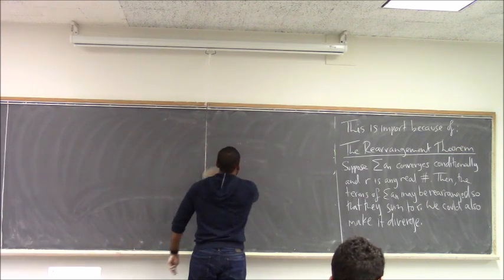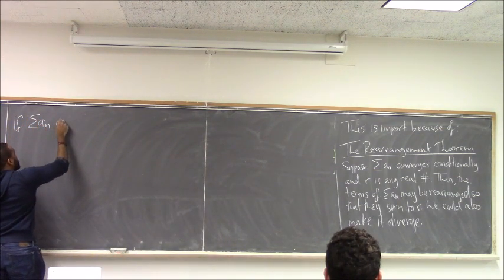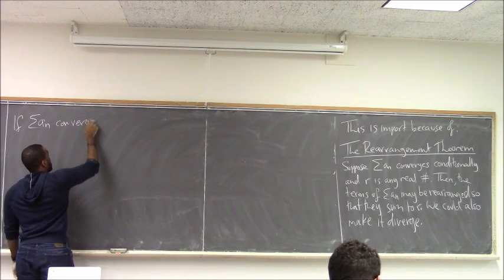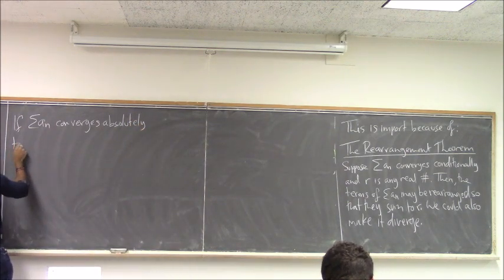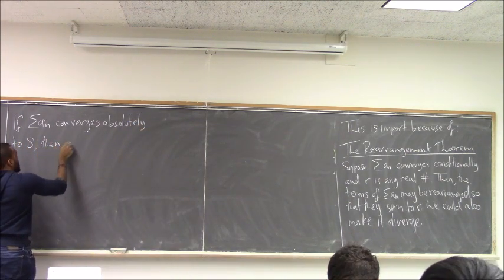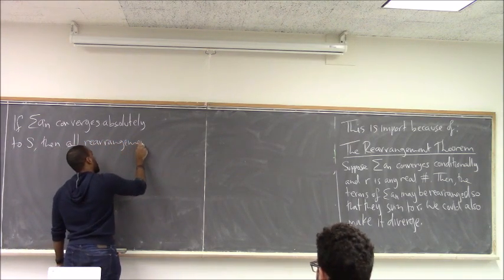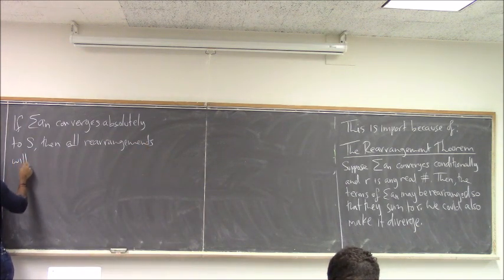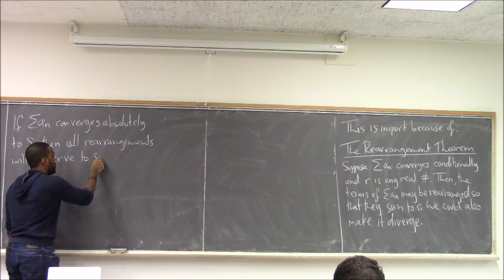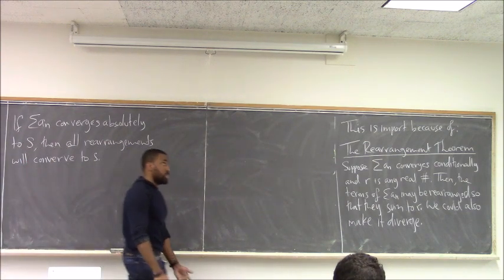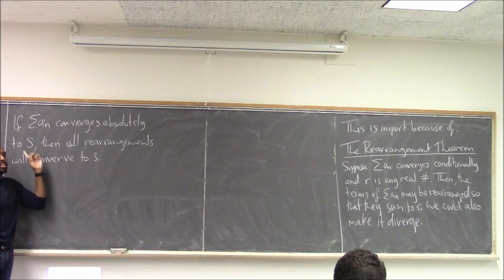But here's the cool thing about absolute convergence. If AN converges absolutely to S, then all rearrangements will converge to S. In other words, commutativity of addition for infinite sums only works when you have an absolutely convergent infinite sum.